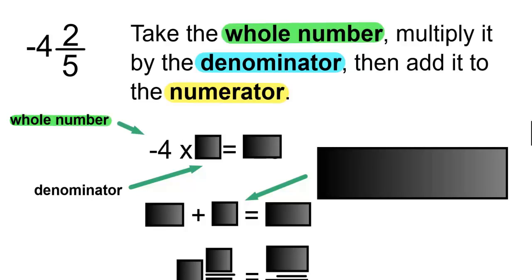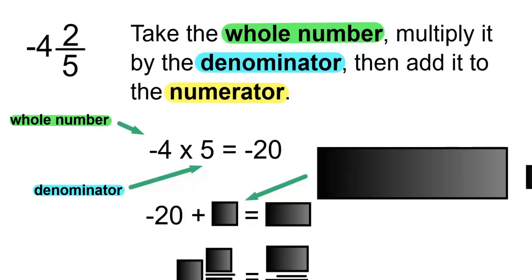The whole number is -4. Multiply this by the denominator, which is 5, and this will equal -20. We'll then take the -20 and add it to the numerator of -2.